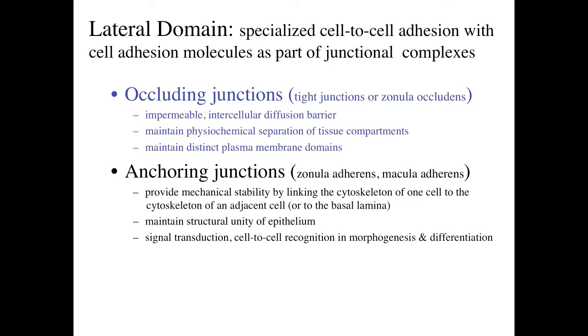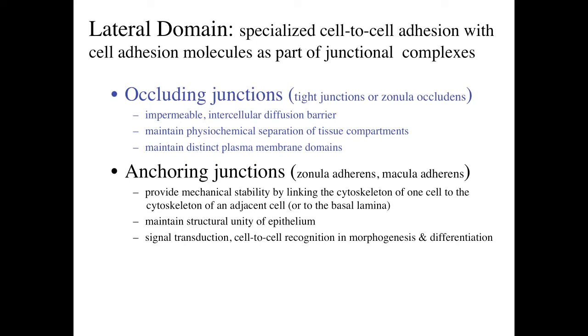We'll next talk about anchoring junctions, either zonular adherens or macular adherens. These junctions provide mechanical stability between cells by linking the cytoskeleton of one cell to the cytoskeleton of another cell, or, as we'll see in a specialized case, linking the cytoskeleton of cells to the basal lamina.